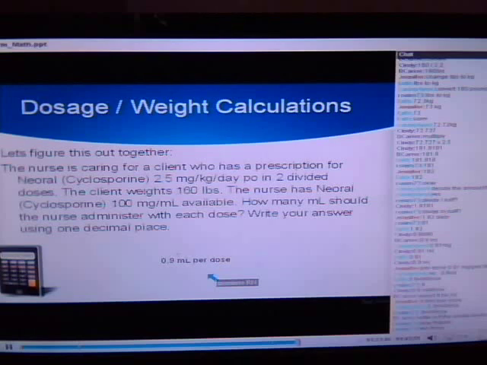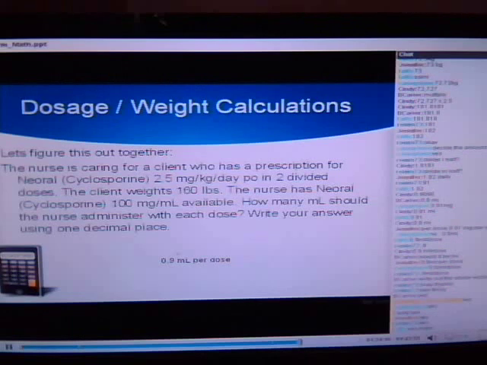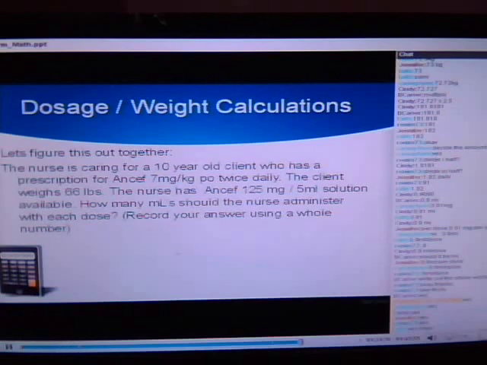Now let's try again, gang. You're doing a good job, okay? Figure this one out. The nurse is caring for a 10-year-old client who has a prescription for Ancef, 7 milligrams PO twice daily.